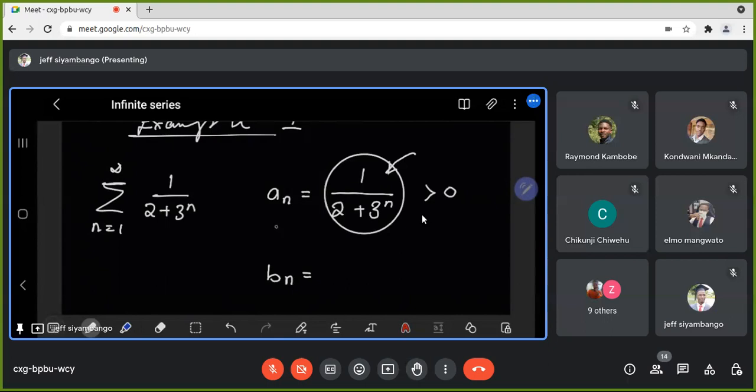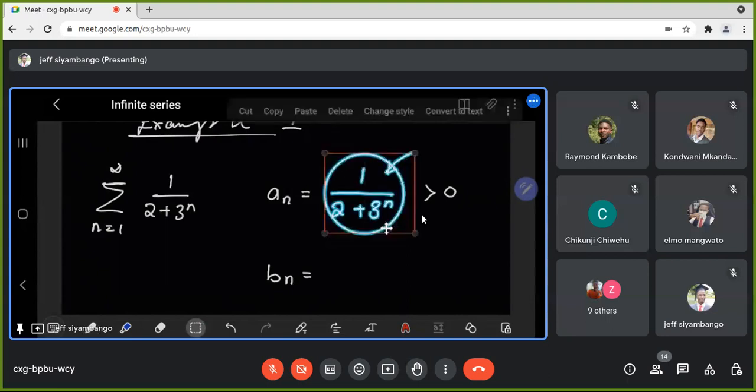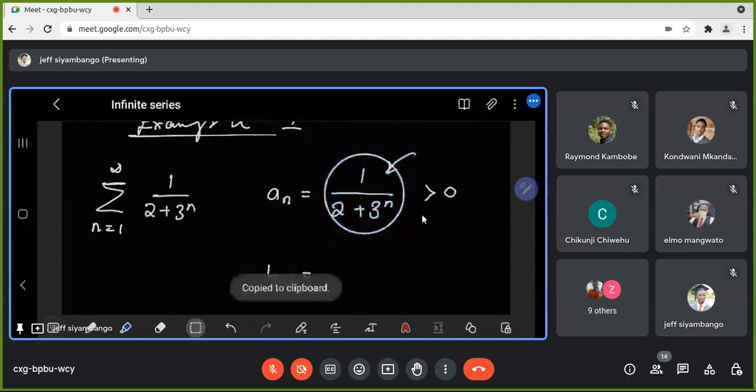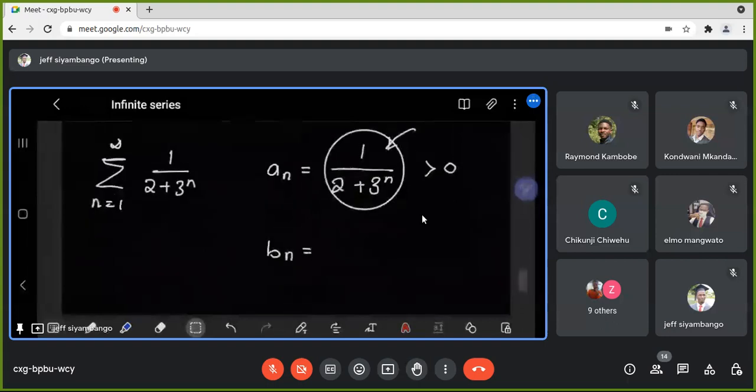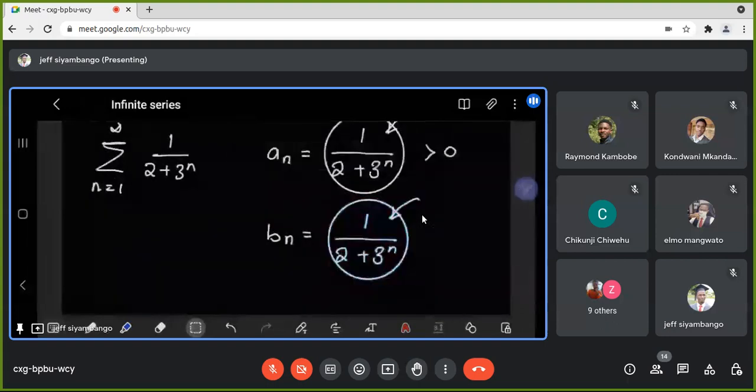When you look at this expression, it would be easy to conclude whether it converges or diverges if only that 2 in the denominator was not there. This is similar to something we have seen before, but what makes it different is that 2 being present.